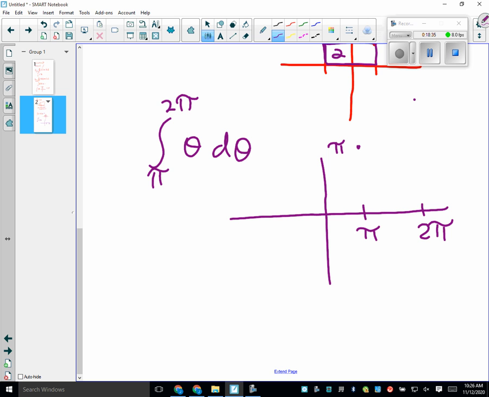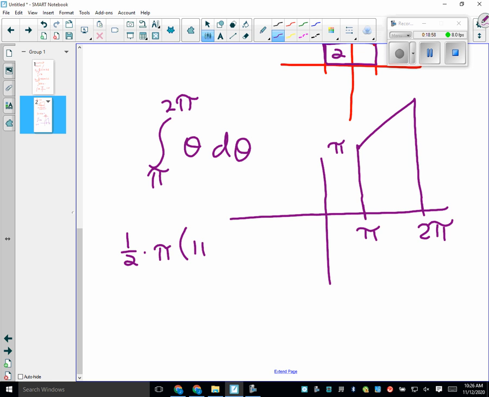Right. So doesn't my shape look like this? Is that a trapezoid again? It can be. Let's do it. Okay, so it is 1/2. What is the height? Pi times what?